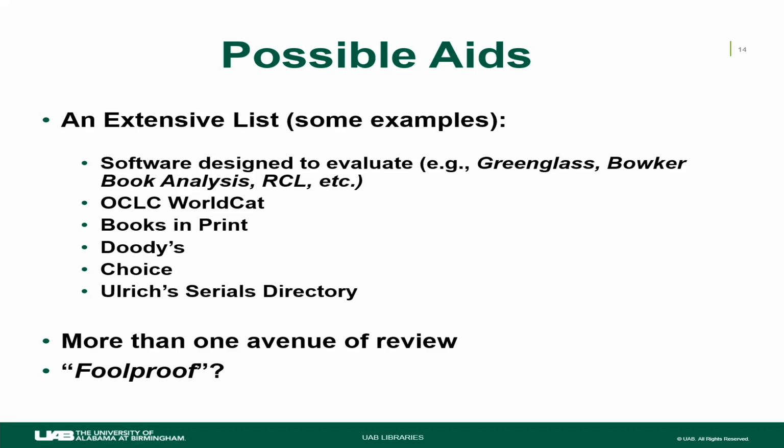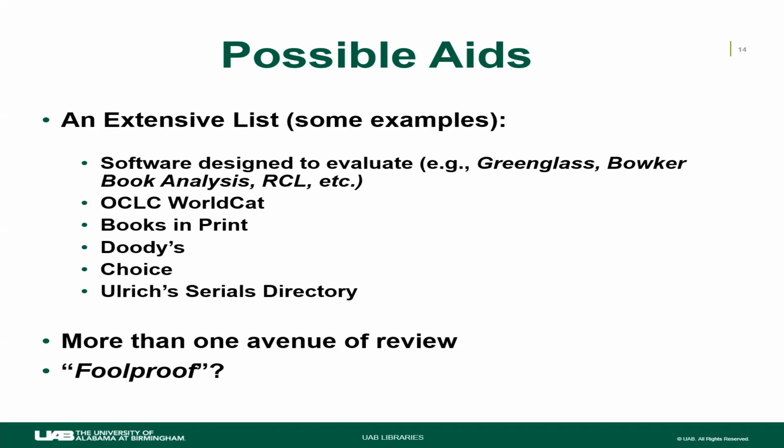So there are different tools and different possibilities that help you and provide additional information when you go through this process. My recommendation is you always have more than one avenue or more than one way to look at this stuff. So look at Books in Print, look at WorldCat, look at DOCLINE, look at your peer institutions for the health sciences.